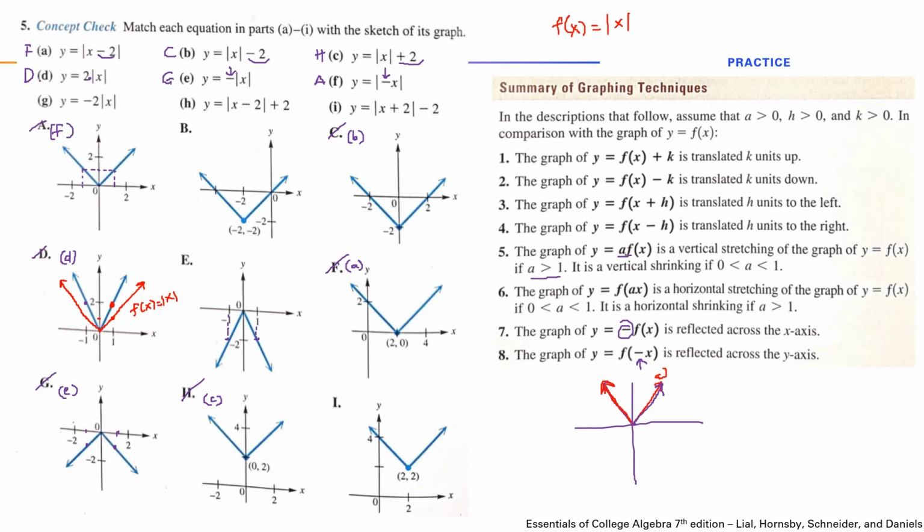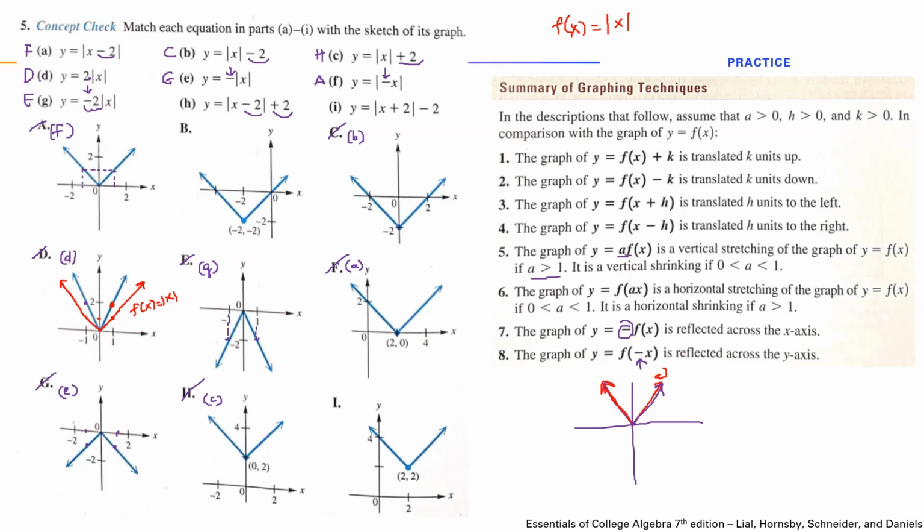Right, now we have negative 2. That's the negative factor, so we have a factor of 2 and the flip, or reflection, across the x-axis. So that should be E. So H, we have move to the right 2 units, up 2 units.